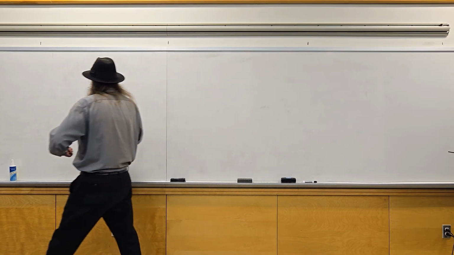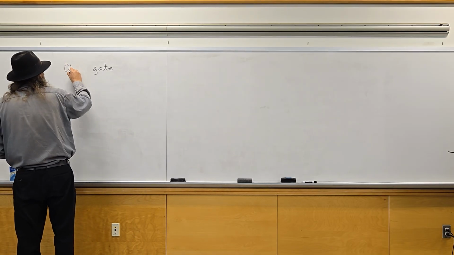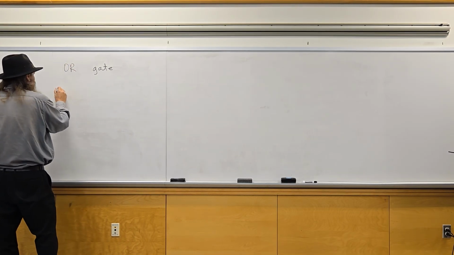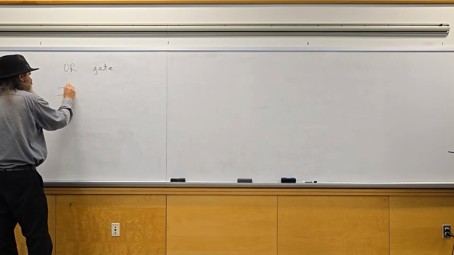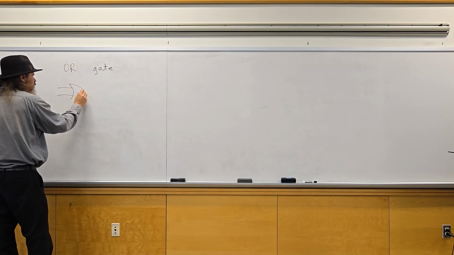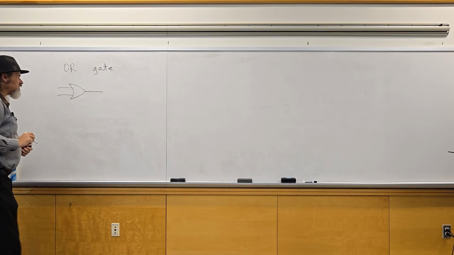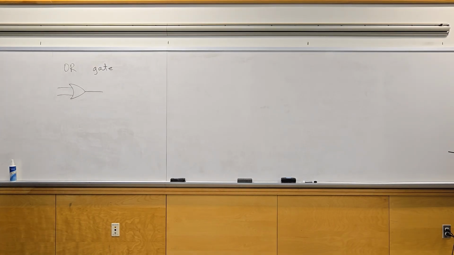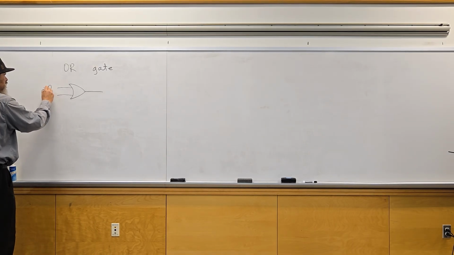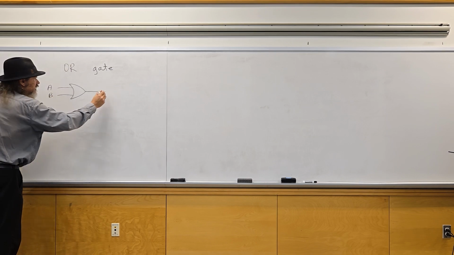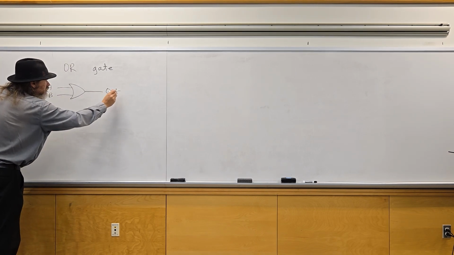The OR gate has this curved on the back and is kind of like an arrow. That's the symbol for it. Again, A and B are the inputs, and out over here.